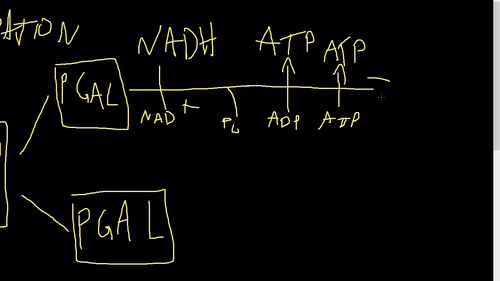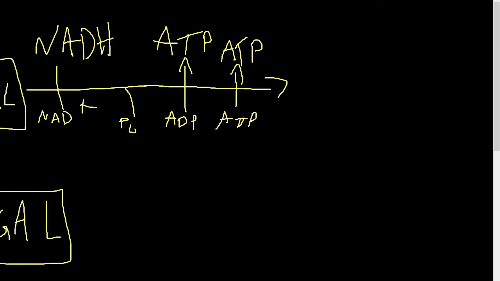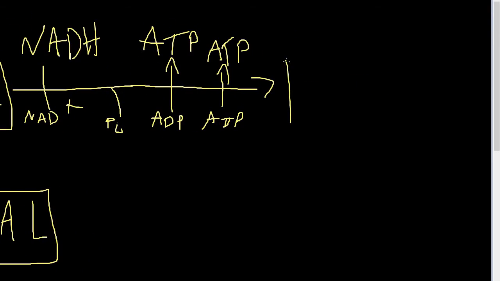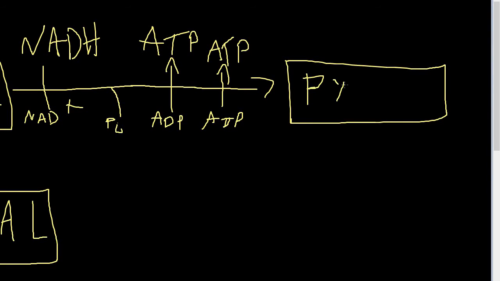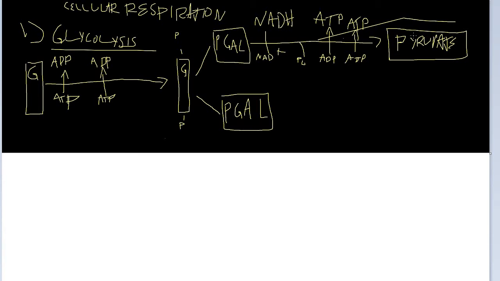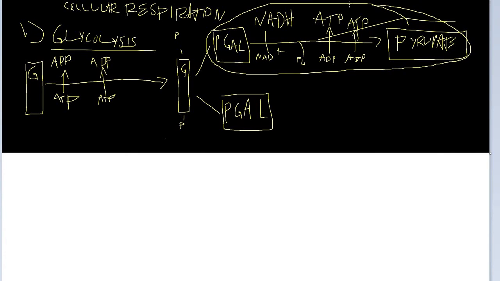And then you're left with a sugar called pyruvate. And this entire step takes place with the other PGAL as well.